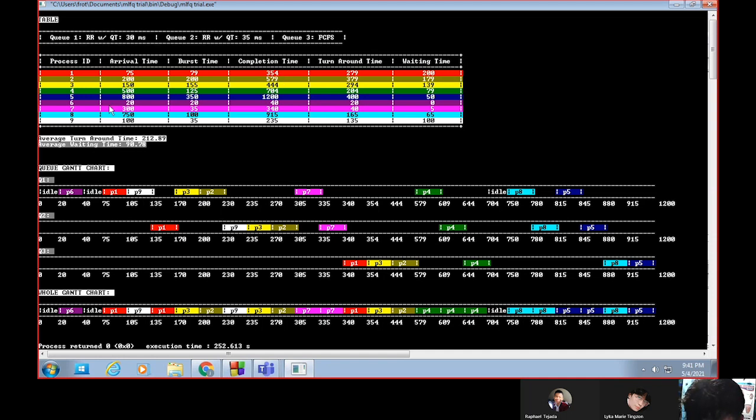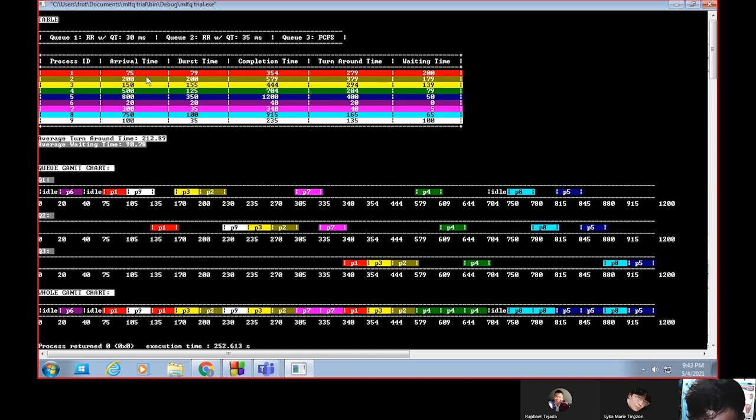The completion time of P1 is 354, as you can see here in the Gantt chart, and for P2 it is 579. Turnaround time is computed as completion time minus arrival time, and waiting time is computed as turnaround time minus burst time.